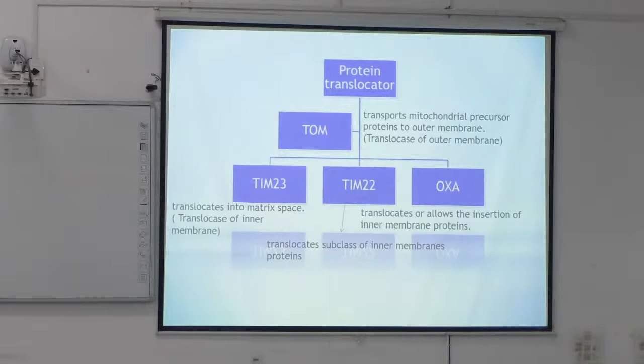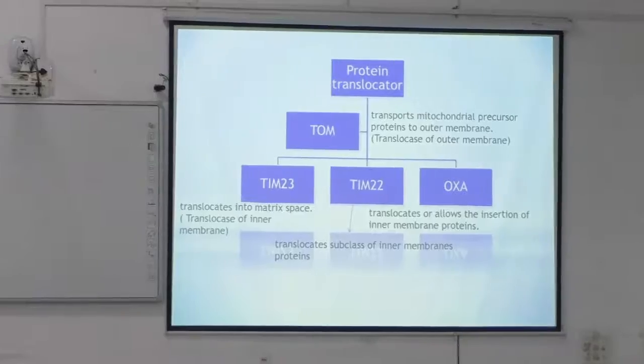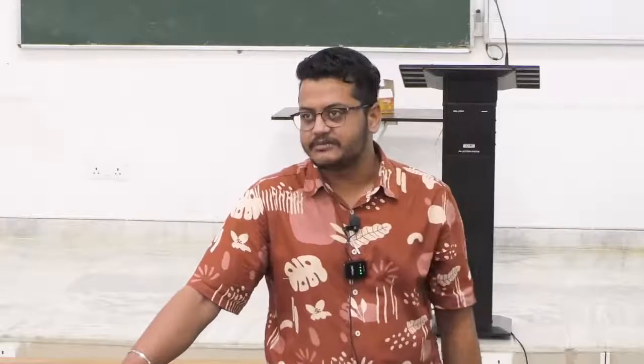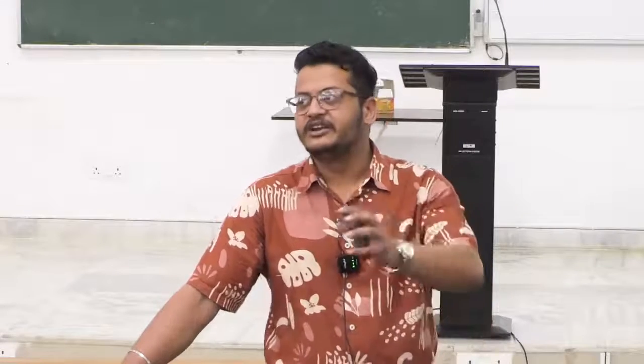Fine. So like that, these protein translocators are responsible for translocating a protein into different parts of the mitochondria, let it be the inner membrane, outer membrane, intermembrane space or matrix. They are multi-subunit complexes made up of different constituents.